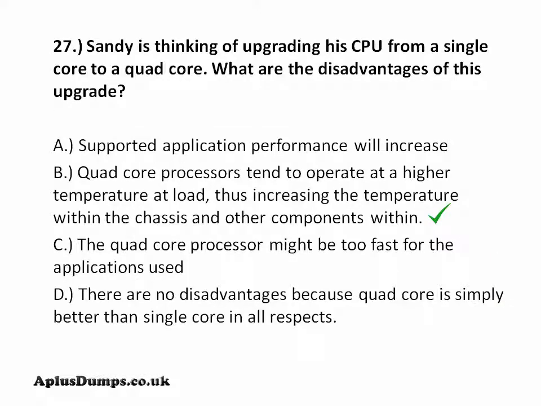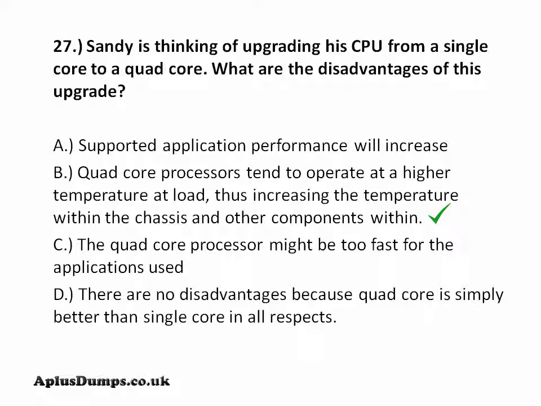Question 27. Sandy is thinking of upgrading his CPU from a single core to a quad core. What are the disadvantages of this upgrade? A. Supported application performance will increase. B. Quad core processors tend to operate at higher temperature at load, thus increasing the temperature within the chassis and other components within.